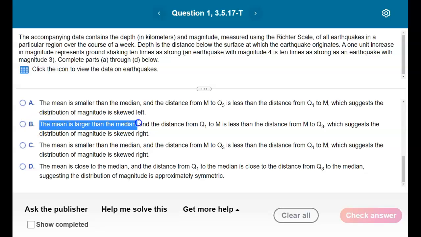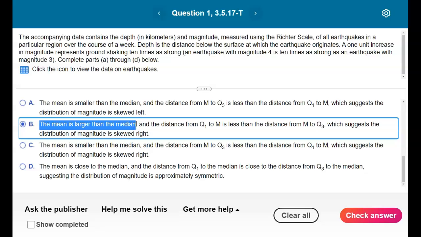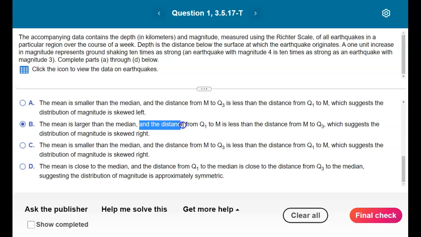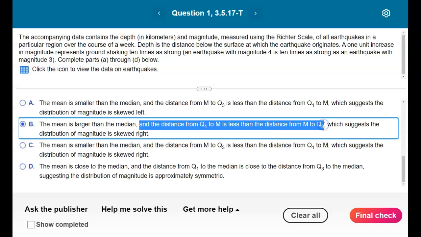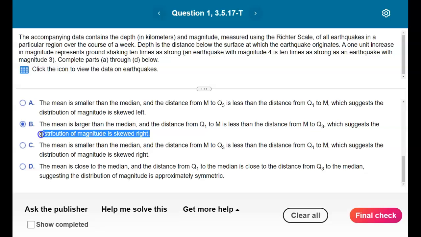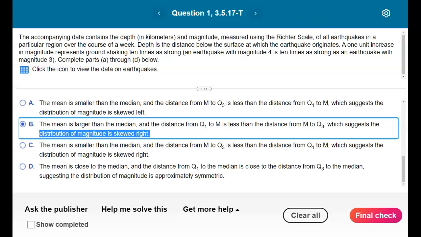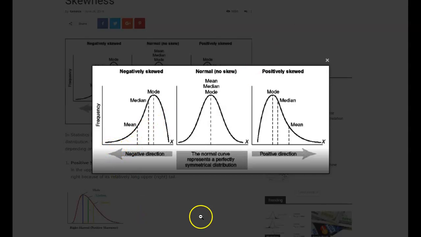Again, we do know definitely the mean is larger than the median. And we just determined that the distance from Q1 to the median is less than the distance from the median to Q3. So it looks like this one may be the best answer choice. In other words, it's going to be skewed to the right. So again, like this, where the tail is on the right.